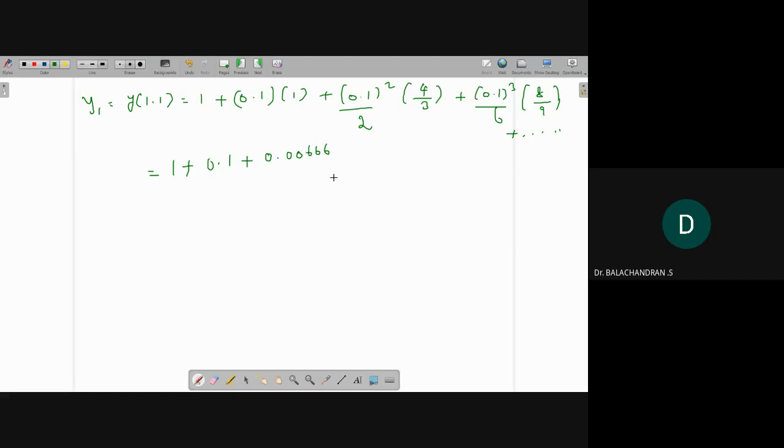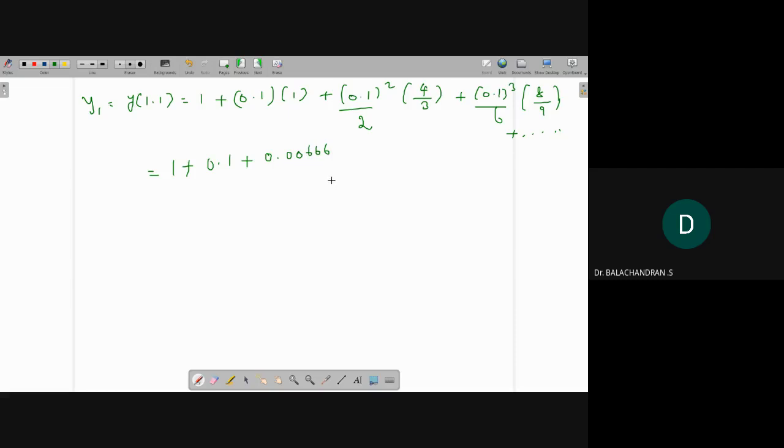Okay, first, what is 0.1 whole square? 0.1 whole square equals 0.01, divided by 2. Divided by 2 is 5 into 10 to the power of minus 3.